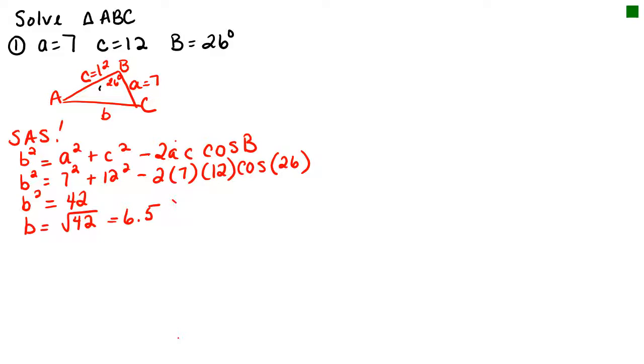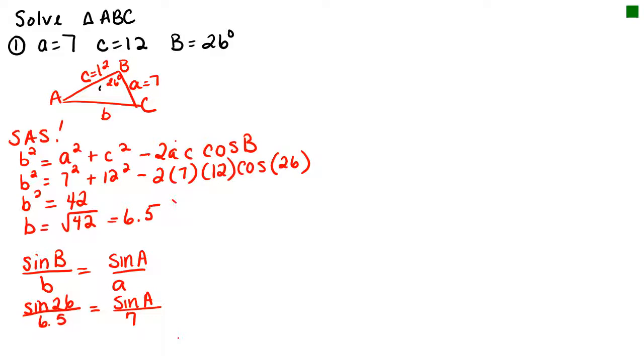So now that I know side B, I can use the law of sines because I know side B, I know angle B, and I know side A. Let's use that to find angle A. So sine of 26 over 6.5 equals sine of A, which I don't know, over side A, which is 7.